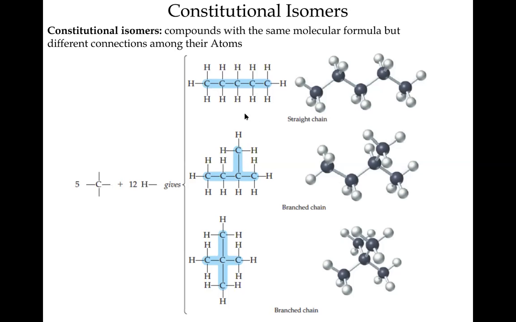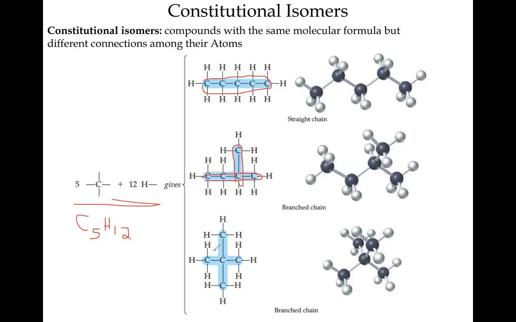Okay, and so if we look at this formula here, it's essentially C5H12, right? We can arrange those carbons in different ways, right? We can put them all together, 1, 2, 3, 4, 5 in a chain. We can have one branch off here, so we have 4 here, and then the 5th one coming off here.